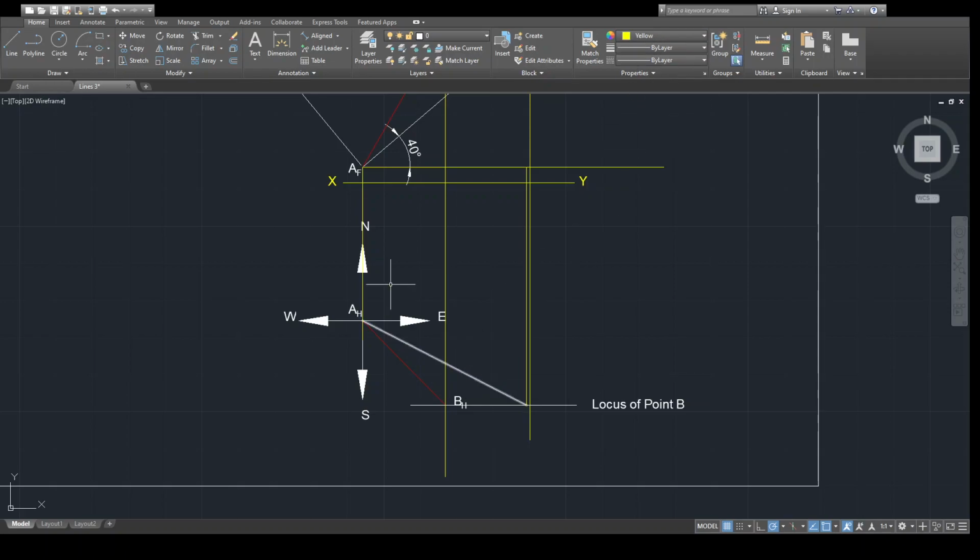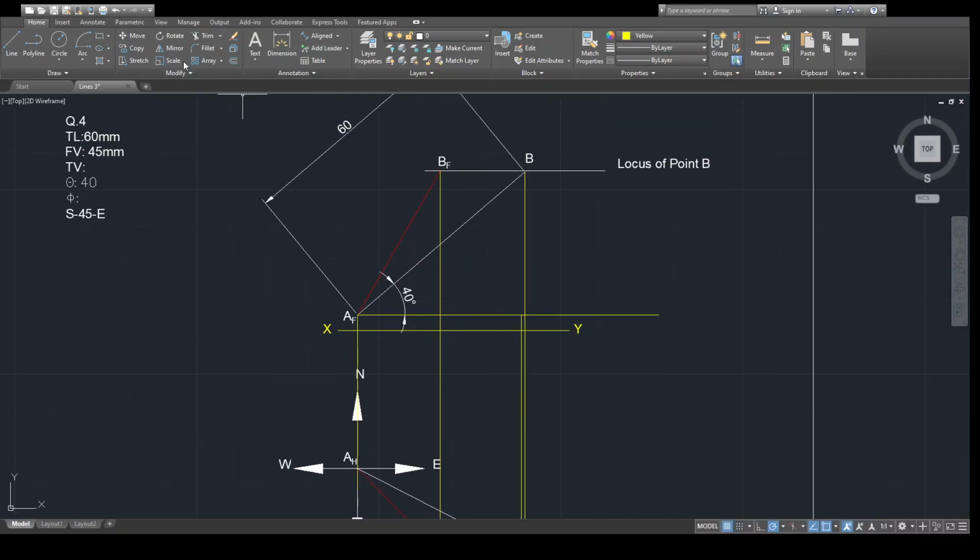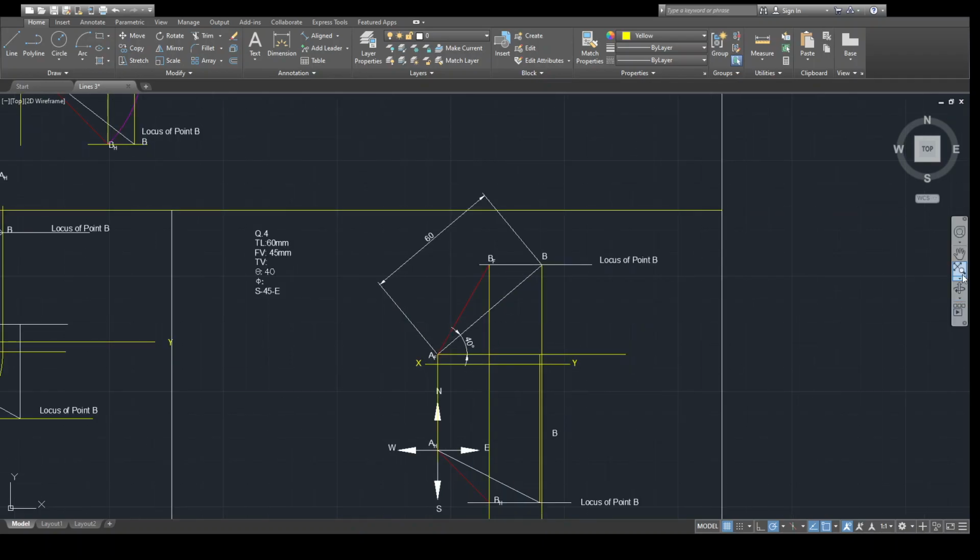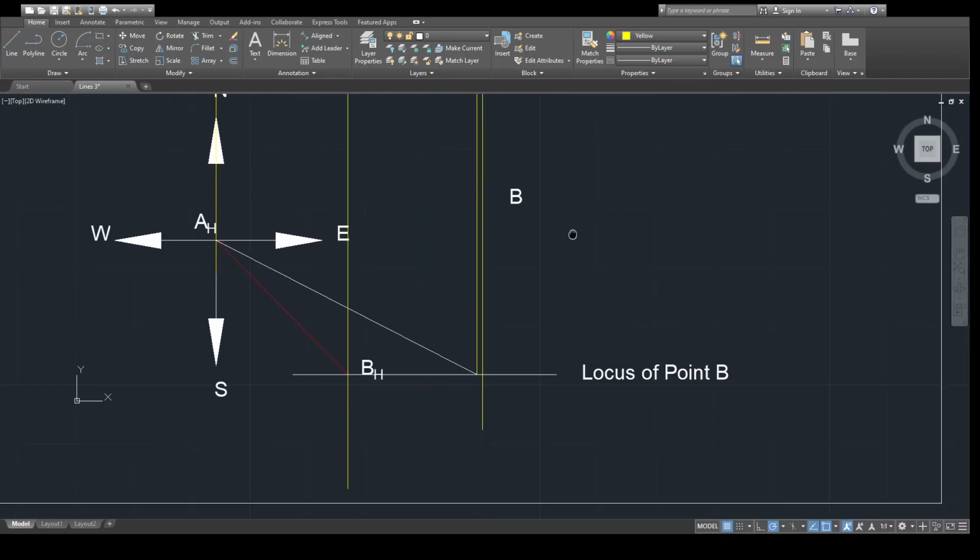Yes, and this is the true length in case of top view. So we call this point B. So AHB is the true length in case of top view.